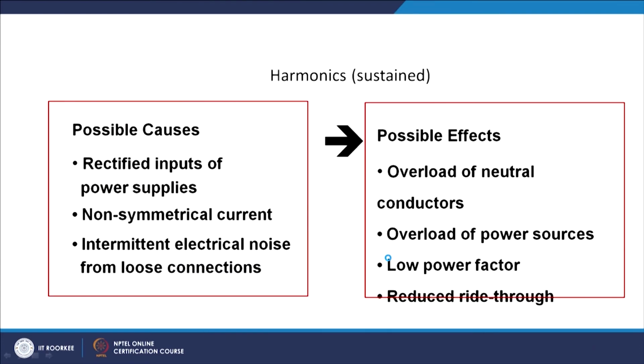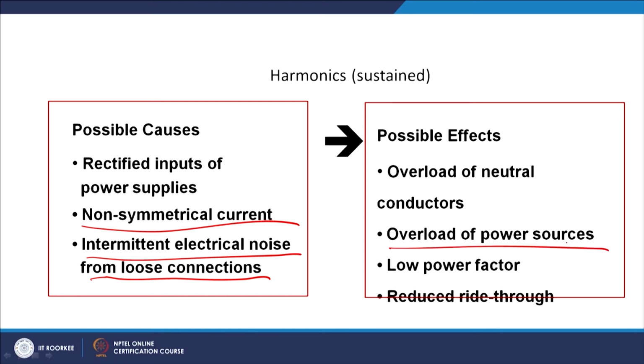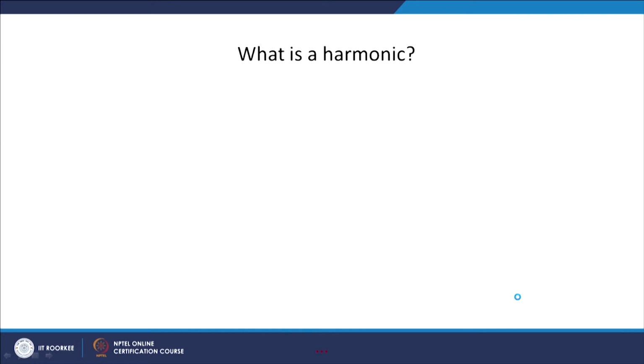Possible causes are rectified input or power supplies, non-symmetrical current, and intermittent electrical noise from loose connections. Thus it overloads the neutral conductor, and it may burn, overload the power sources, cause low power factor, and reduce ride-through capability.